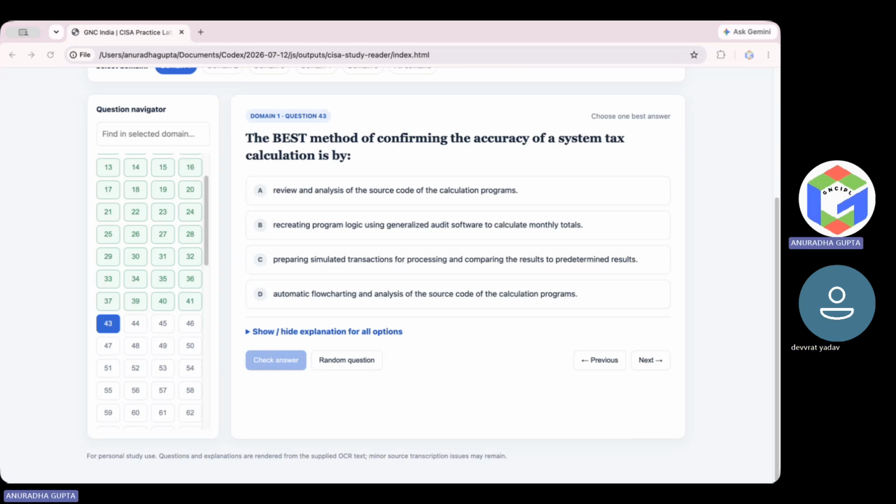Here it is mentioned that you can think about the best method of confirming the accuracy of a system's tax calculation. In India, the income tax department is basically governing everything, so they have their own specialized software, and there are also major vendors who have their own tax related software available in the market.